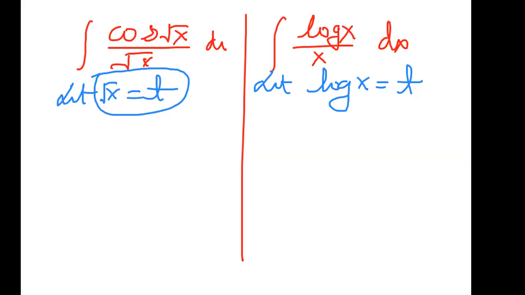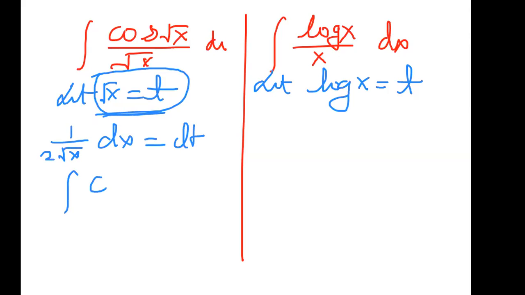When we differentiate on both the sides, it will become 1 by 2 root x dx equals dt. So it will be integral cos t dt.